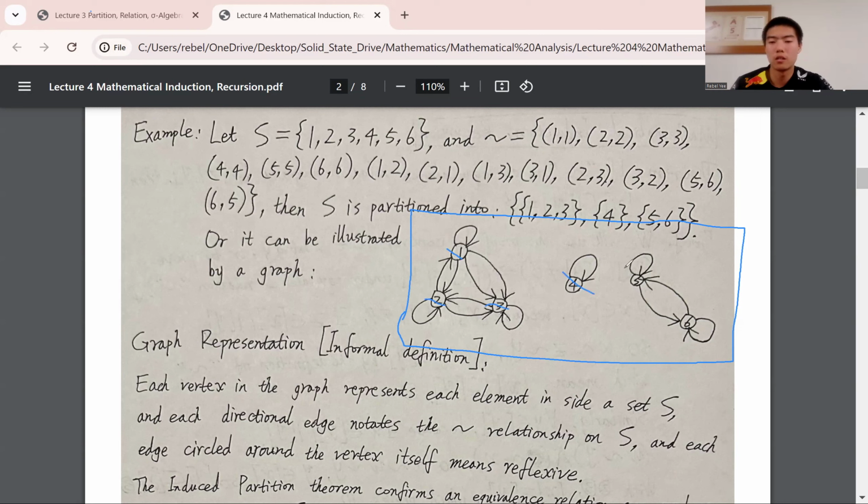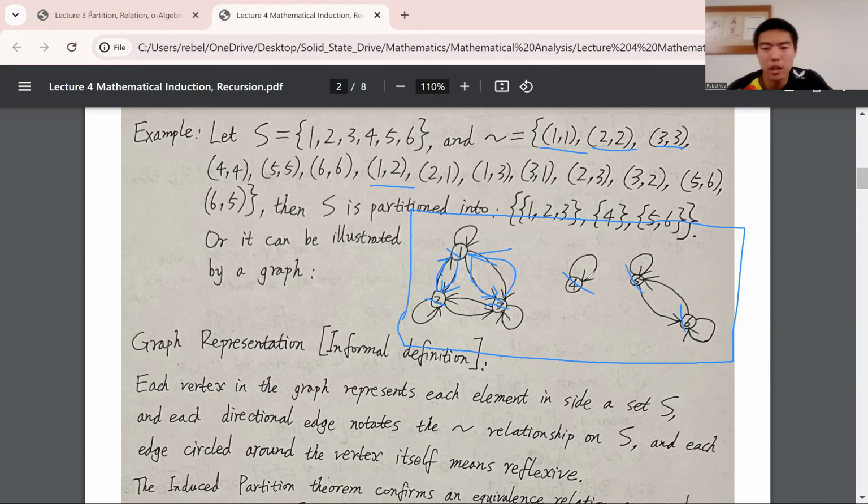You first put down some random points as the elements of the set S. Then if a relation occurs, like 1 and 1, or 1 and 2, you draw a directed arrow, a directional edge, from 1 to 1, or 1 to 2. So you draw 1 to 2 here, and 2 to 1, 1 to 3, 3 to 1. This one is wrong, it must go in the other direction. Something like that.